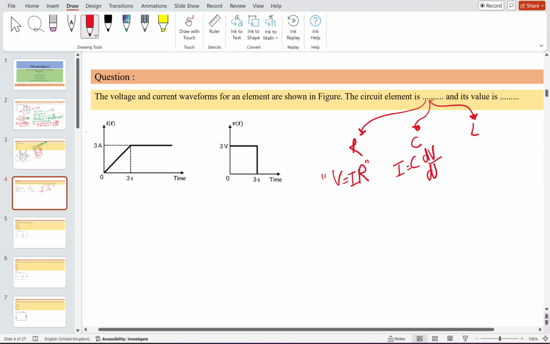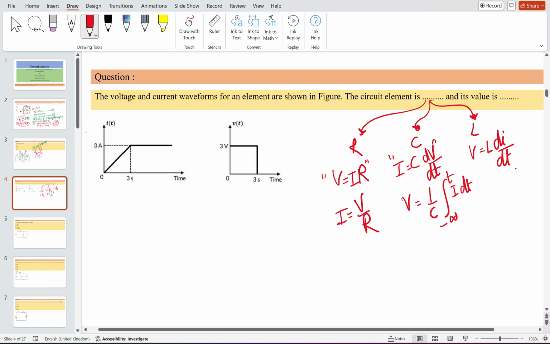This is applicable everywhere. And the third is voltage is equal to L di by dt. Or for the resistor you can also say I is equal to V by R. Similarly, for the capacitor V is equal to 1 by C integral from minus infinity to t of I dt.